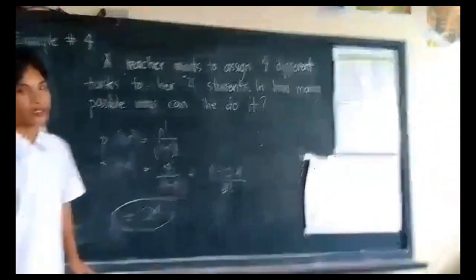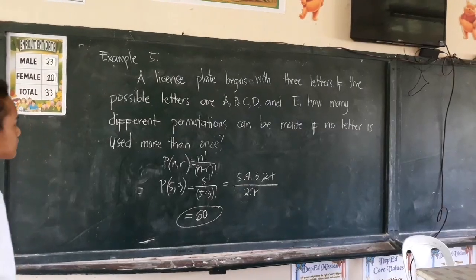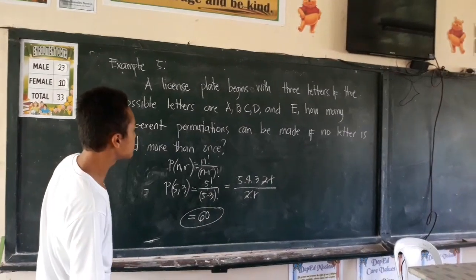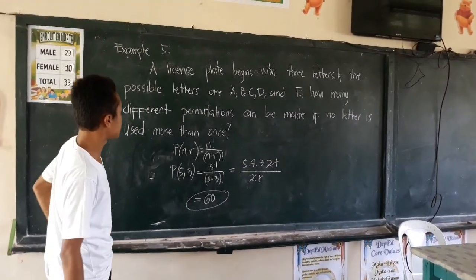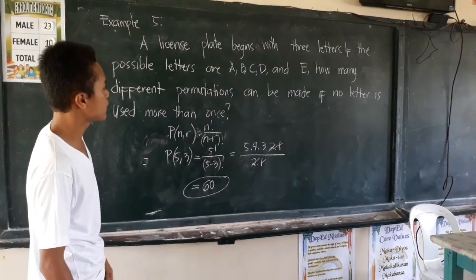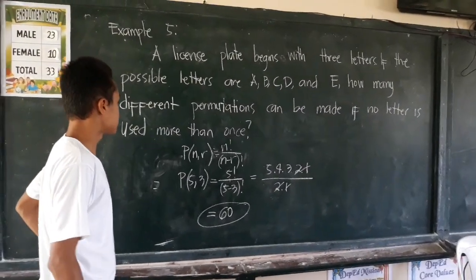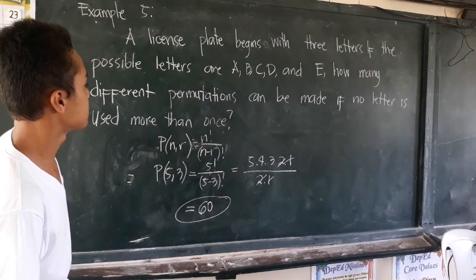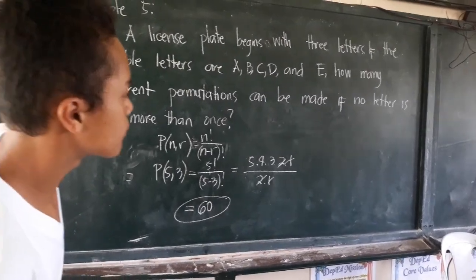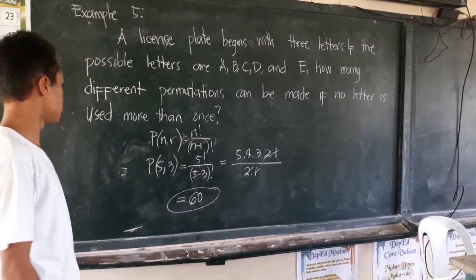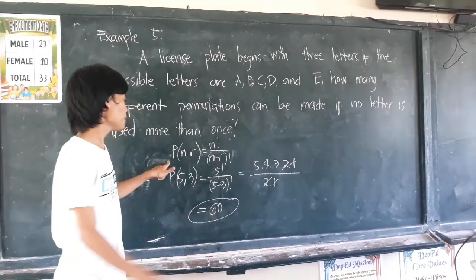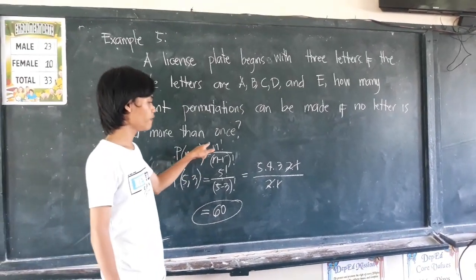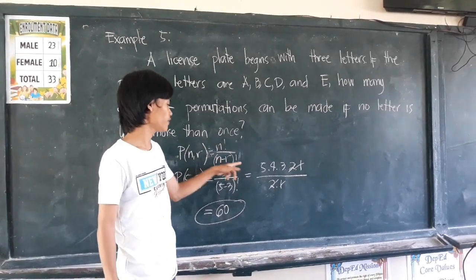A license begins with 3 letters, if the possible letters are A, B, C, D, and E. How many different permutations can be made if no letter is used more than once? So here is the formula. P(n,r) equals n factorial over n minus r factorial.